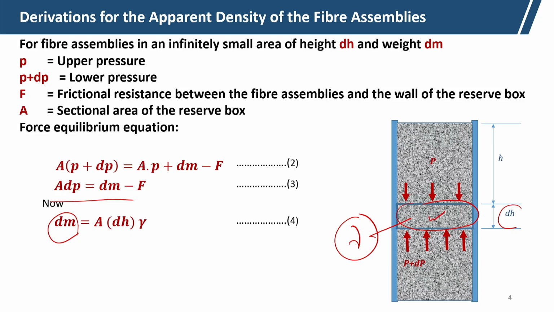We want to measure the apparent density at a particular portion. So, dm equals gamma multiplied by A multiplied by dH, where A dH is nothing but the volume of this zone. If we multiply the apparent density with the volume, we will get the mass.